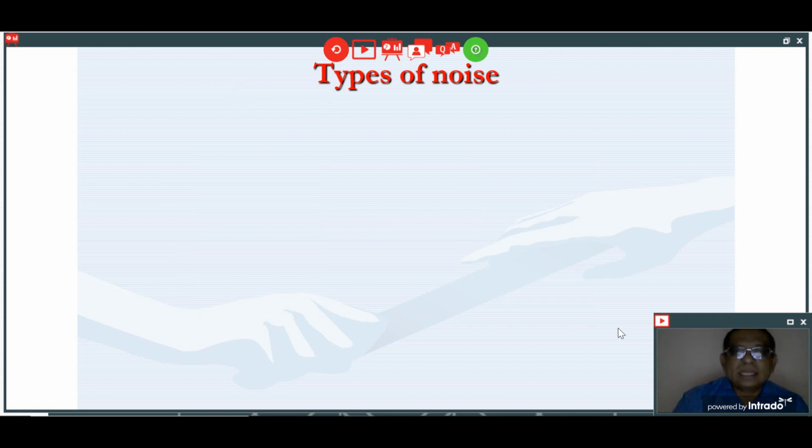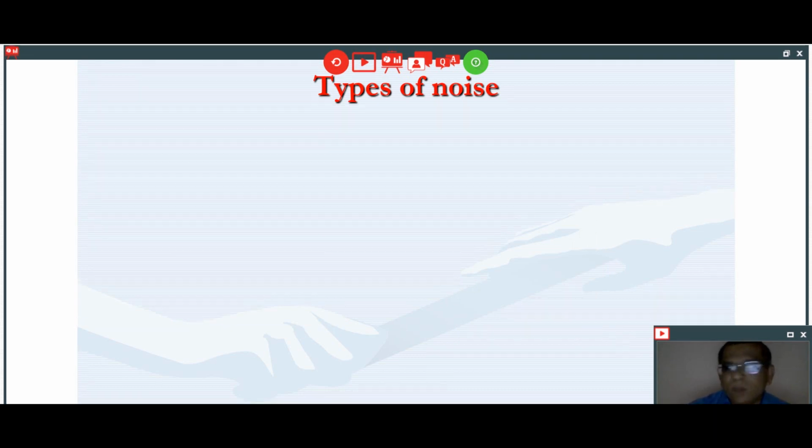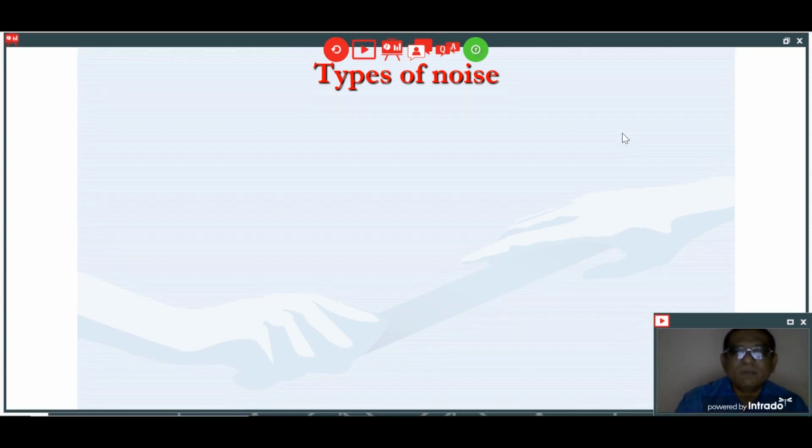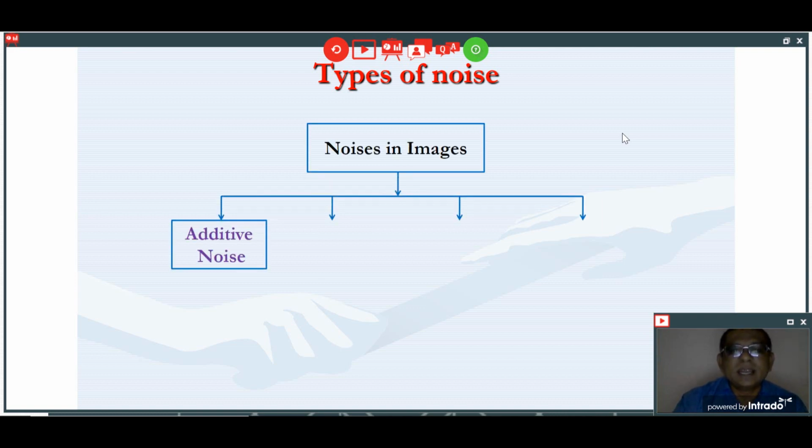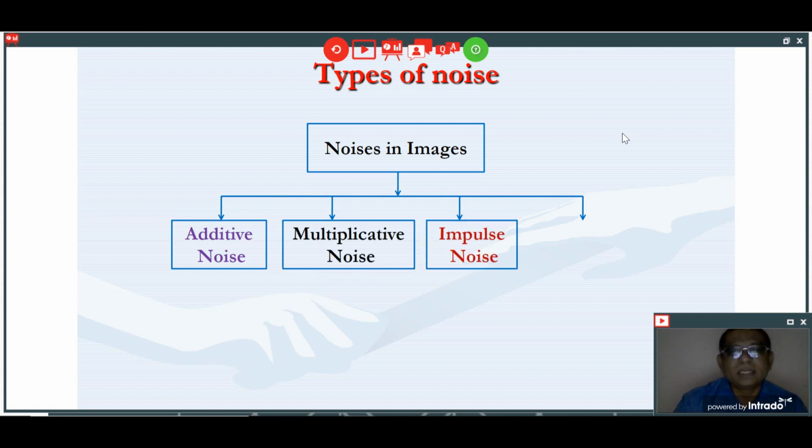Next, we want to address image denoising. Whenever we want to address image denoising, we should know what the different types of noises are that can creep into the image during acquisition, storage, or transmission. The different types of noises in an image are additive noise, multiplicative noise, impulse noise, or periodic noise.